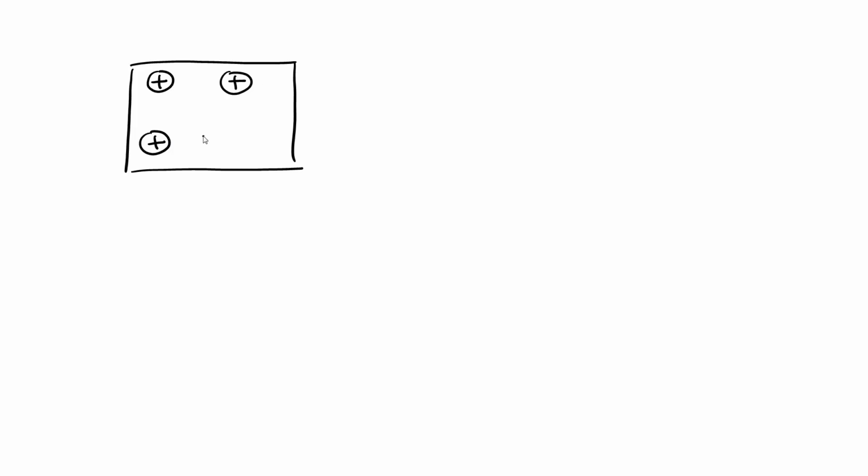But now let me introduce another concept to you. So let's say you have your box again, your box of 5 charges. And now let's say that you have an electrode here.